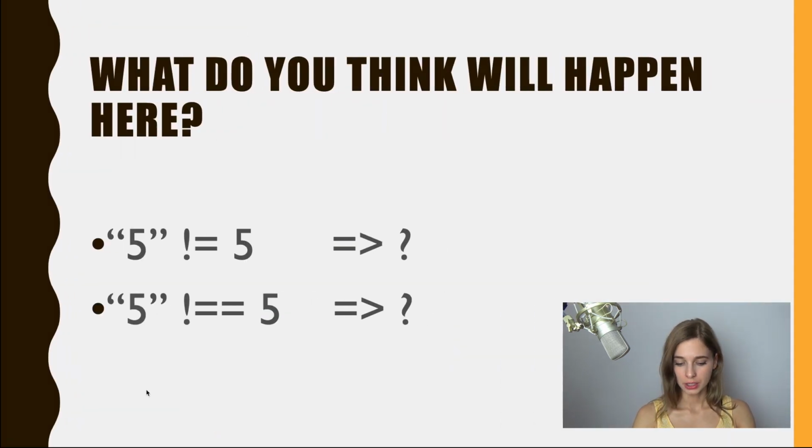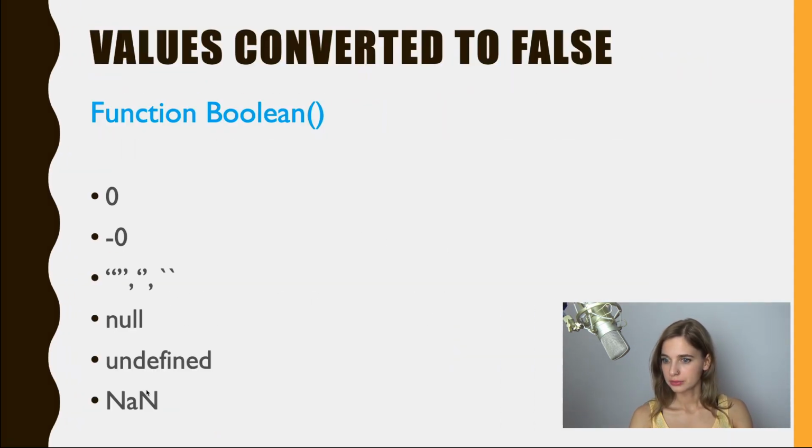Okay, can go on. So values converted to false. In JavaScript, certain values will always be considered falsy values, as opposed to truthy values. There's just a few of them, but again, you have to learn it by heart and just accept it.